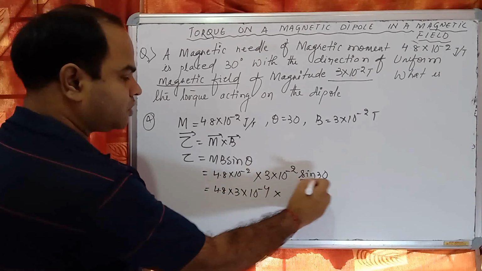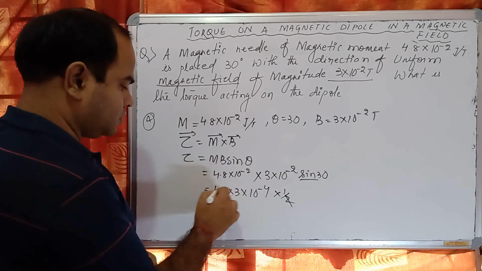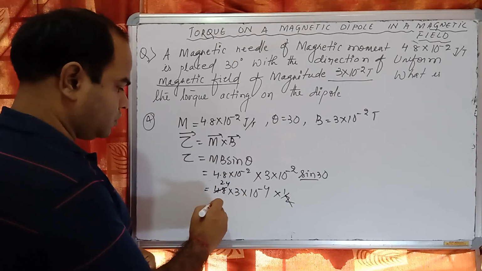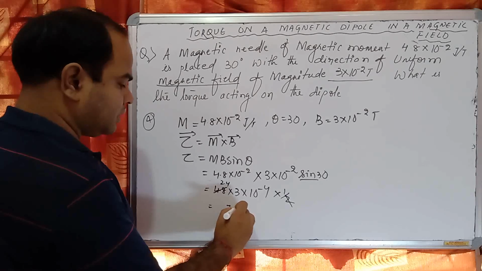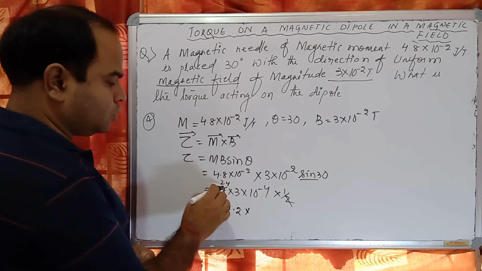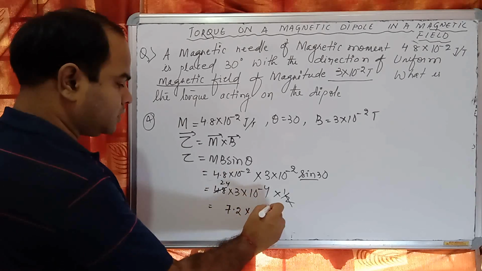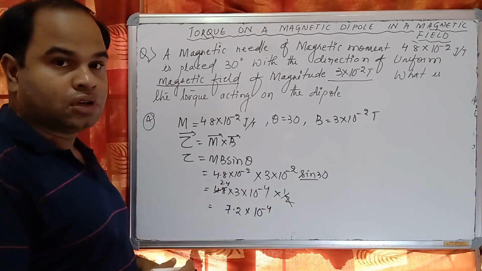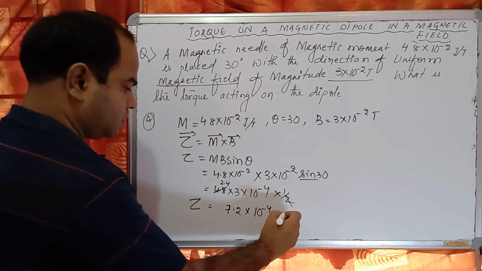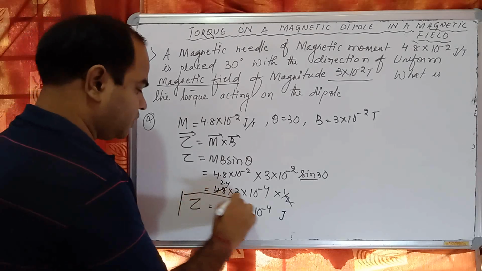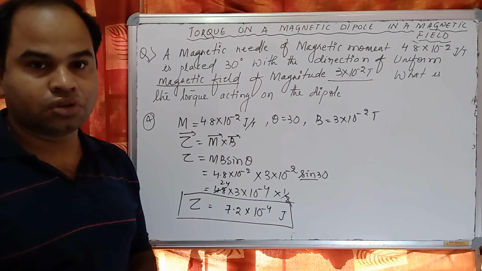Sin 30 is half, so this is 2.4 into 3 into 10 to the power minus 4, which is 7.2. The torque is equal to 7.2 into 10 to the power minus 4 joule.